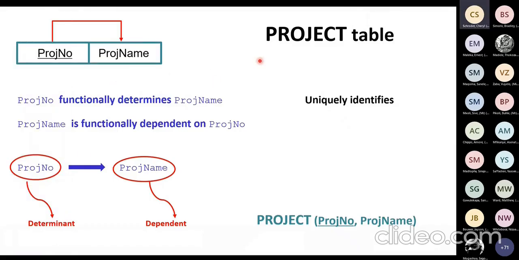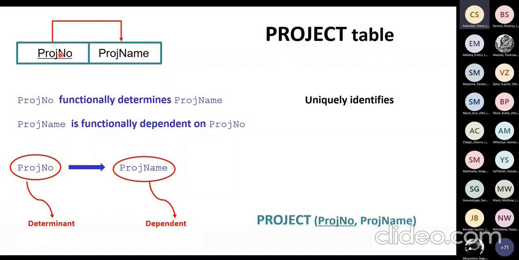To write it out a little bit more visually for you, I've said that project name is functionally dependent on the project number. And then reading it from the primary key point of view, we say the project number attribute will functionally determine the value we see in the project name attribute.